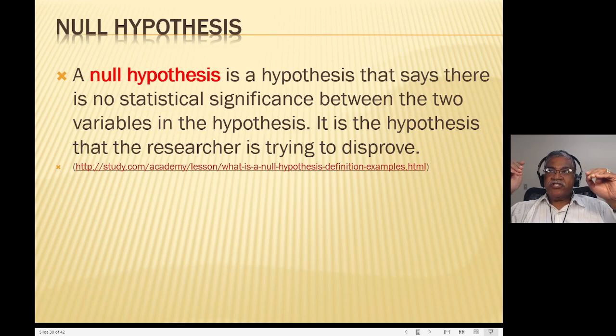So you start out with the premise that there is no significance. Every time there is no significance, and when you disprove it, then you say I have rejected the null hypothesis. On the other hand, if you say, yes, that's right, temperature and wind provably have nothing to do with rainfall, in which case you say I have accepted the null hypothesis.